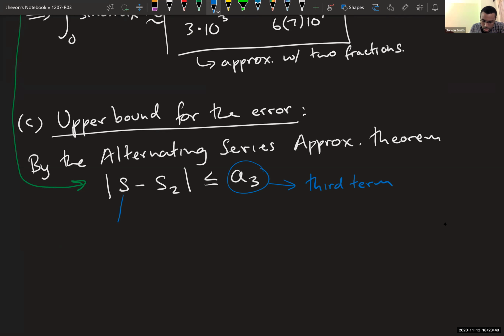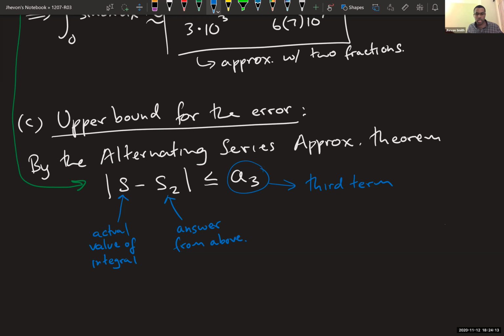So this here is the actual value of the integral. This here is your answer from above. So the difference between the two is the error. That's how wrong I am, right?